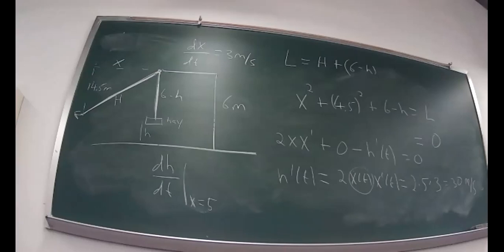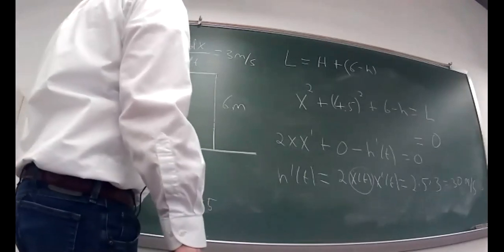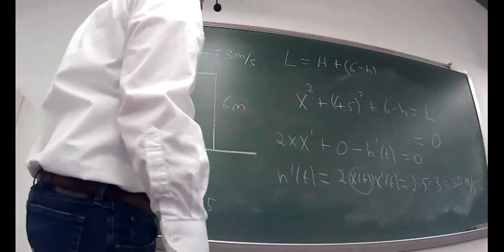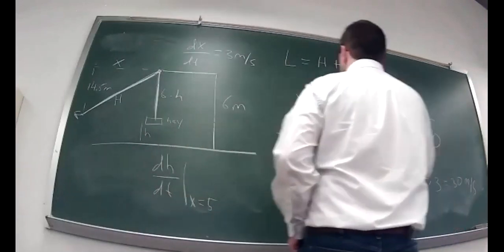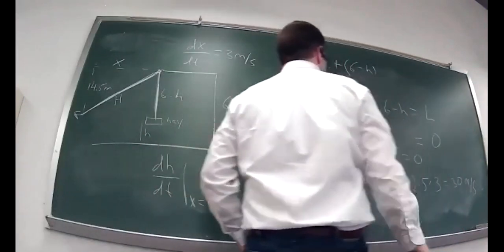And the book's telling me that I got that wrong. Why did I get it wrong? Oh, I see. I got it wrong because h is actually the square root. It's actually the square root of that.